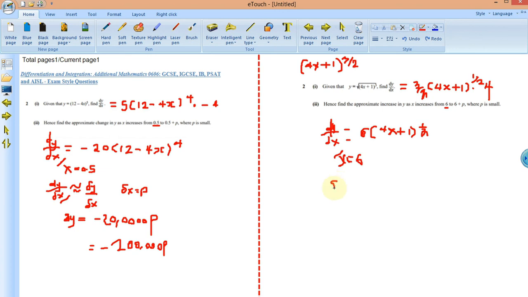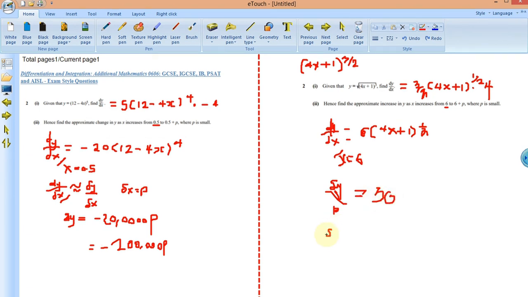So small change in y, increment in y over increment in x. So increment in x here is p, over p equals 30. So what is the answer now? Small change in y will just be 30p when you cross multiply.